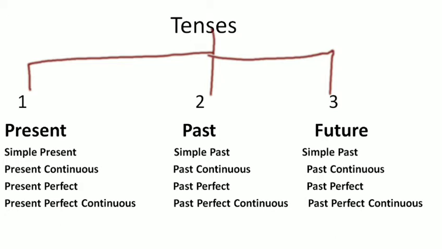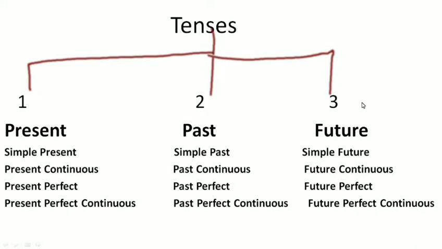These three tenses are again divided into four. That means present is divided into four, past is divided again into four, future is also again divided into four. In present, we have the first tense, that is simple present tense, then present continuous, then present perfect tense, then present perfect continuous.